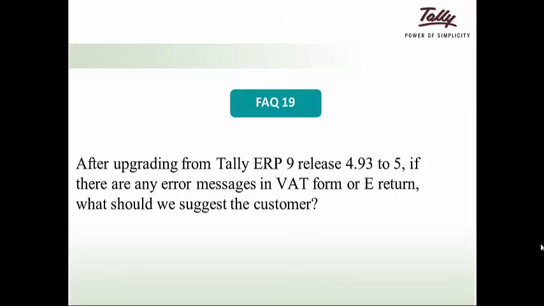After upgrading from Tally.ERP 9 release 4.93 to 5, if there are any error messages in VAT form or e-return, what should we suggest the customer? So after upgrading, if a customer is getting any error message in the VAT form, then what should be the suggestion?